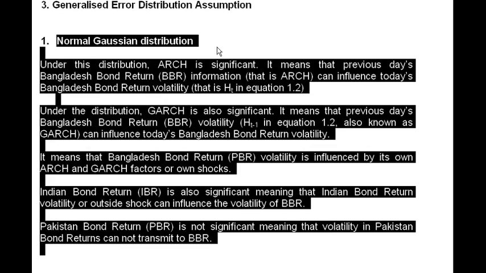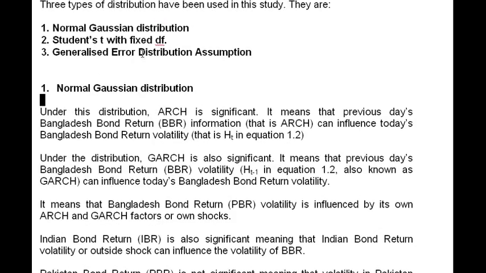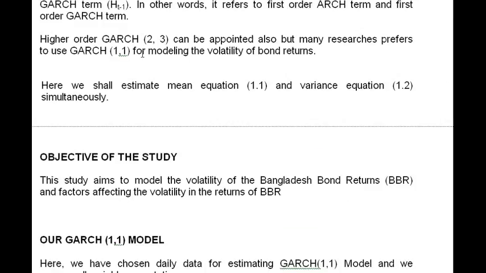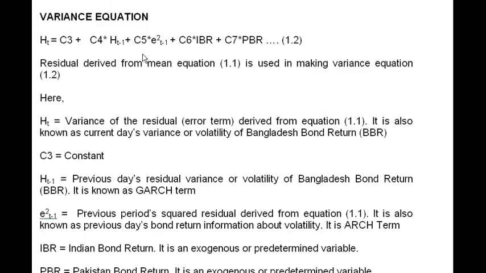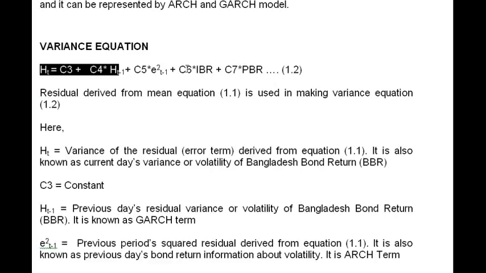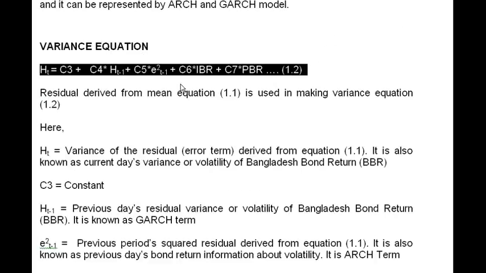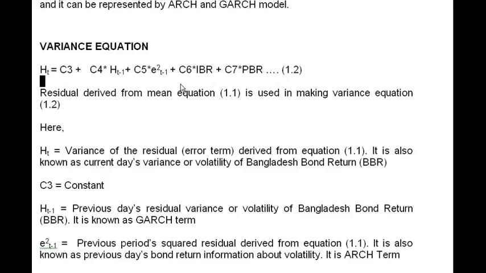So what we can do, we can check it in the GARCH model. GARCH model means equation 1.2, this one, and according to the normal distribution, HT minus 1 is significant, meaning that GARCH is significant.